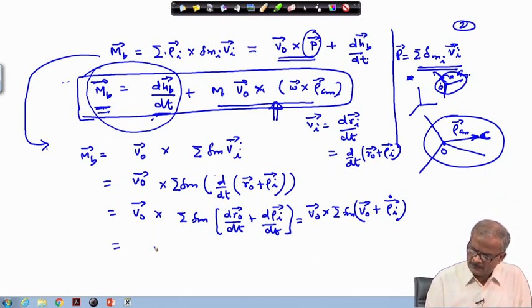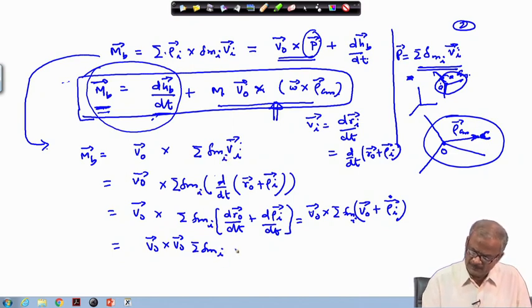V_0 is a quantity which does not depend on the summation sign, therefore this can be taken outside, and the first term you will have here is delta m_i, and the other term V_0 cross delta m_i times rho_i dot.